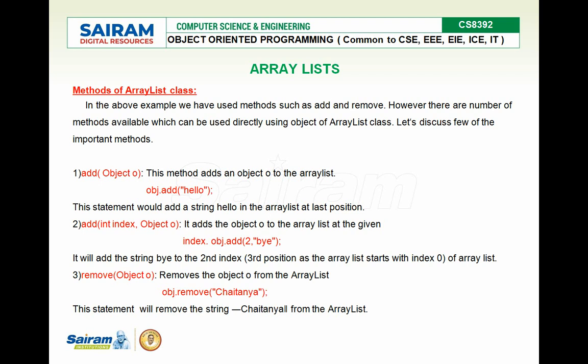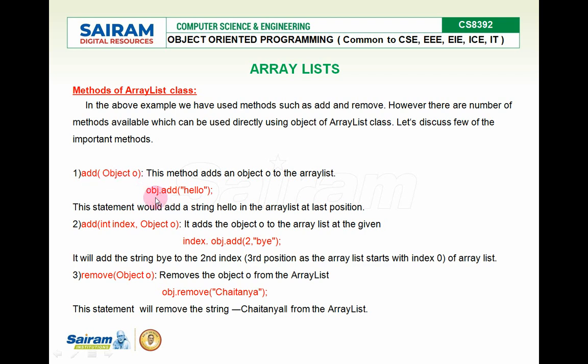Now we'll see the methods. There are a few methods available in the array list class. In the beginning example we have seen the add method and the remove method, so two methods we have seen. The same thing comes over here. Add is the method which adds an object into the array list.